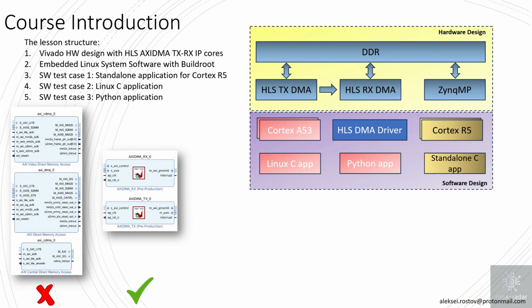Why do we need to use high-level synthesis in order to transfer data, since Xilinx already offers a bunch of different DMAs? The answer is quite simple. All these IP cores, I would say, have two main drawbacks.